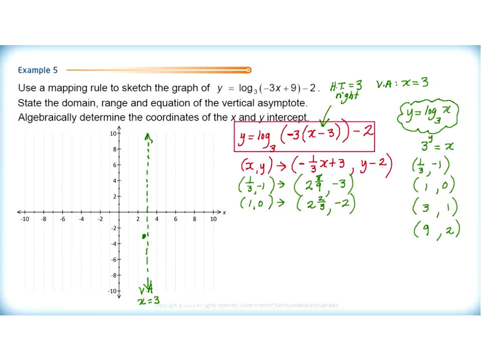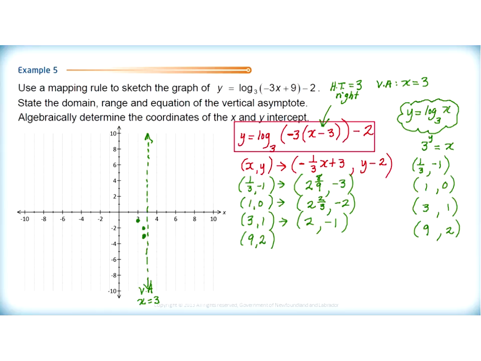So 2 and 2/3 and negative 2. Then you have the point 3 and 1. Negative 1/3 times 3 is negative 1 plus 3 is 2. And 1 minus 2 is negative 1. So the point 2 and negative 1 will be on the new graph.